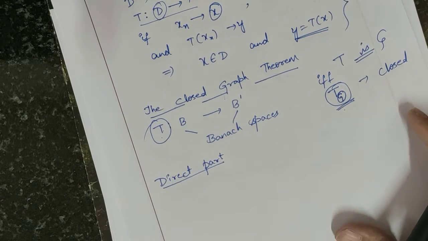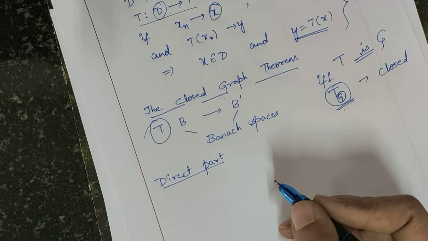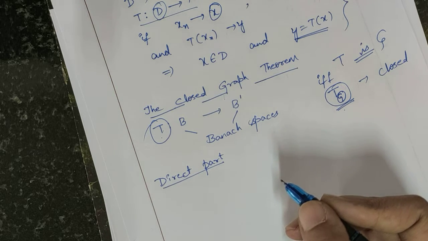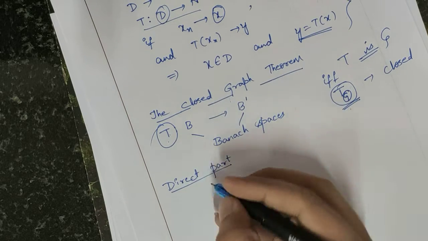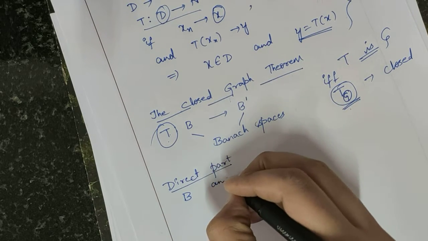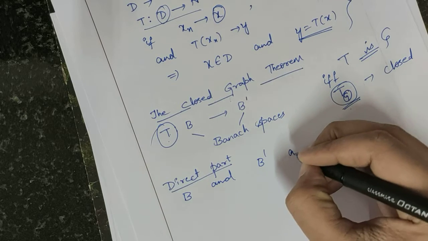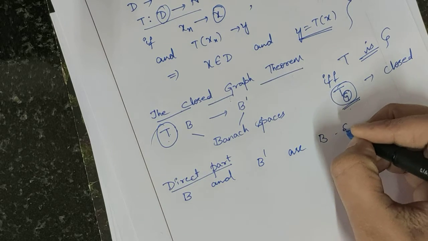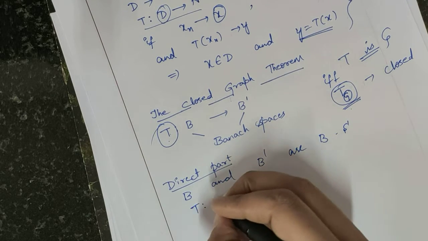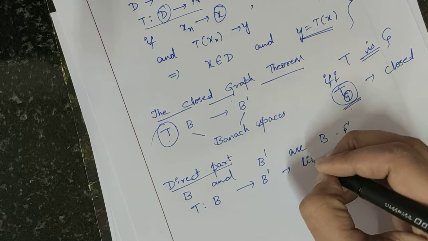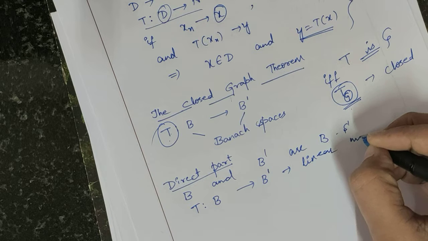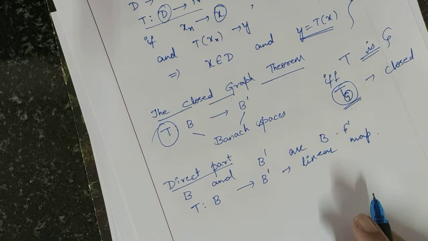First, we have to assume that T is continuous, right? Before that, from the given statement, we have B and B prime are Banach spaces. And they have given one more thing, that is T from B to B prime is a linear map, right?